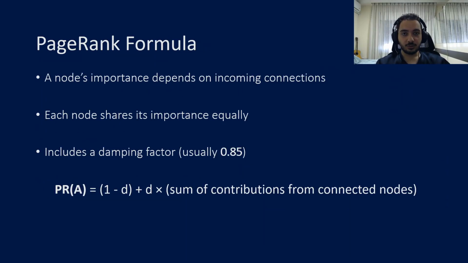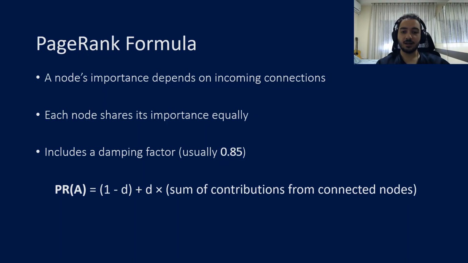PageRank is calculated using a formula. The importance of nodes depends on the importance of the nodes connected to it. Each node distributes its value equally among its connections. So the formula also includes a damping factor, usually around 0.85, which represents the probability of continuing through the network rather than jumping randomly.